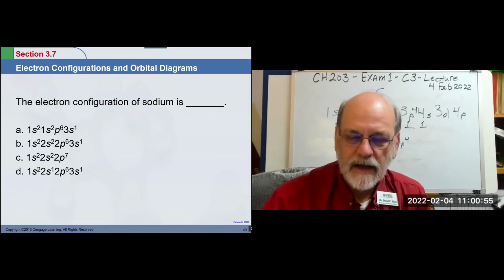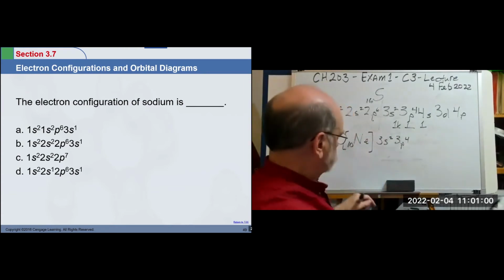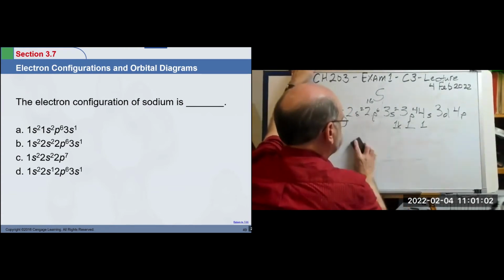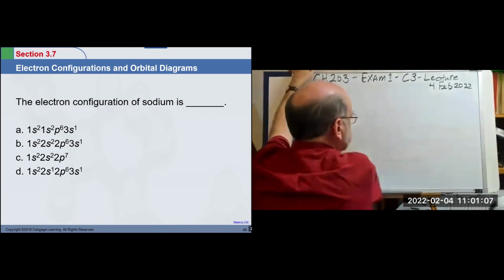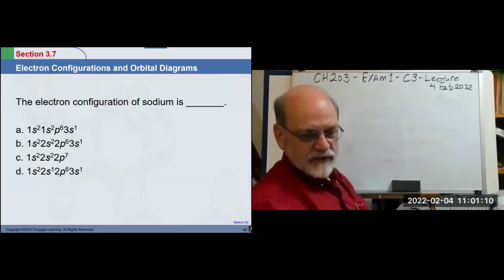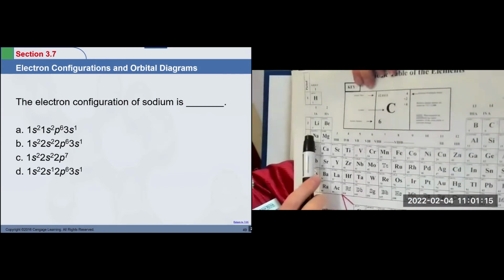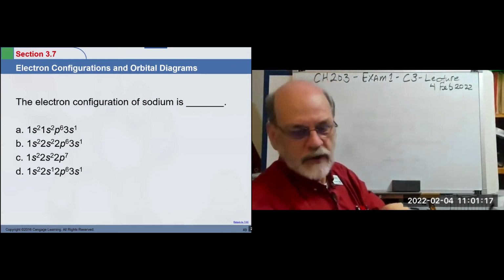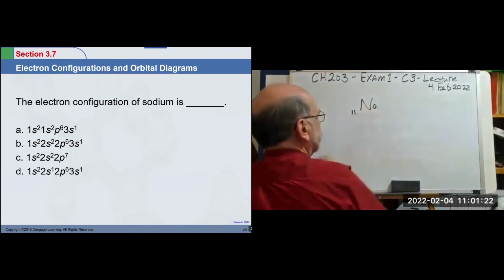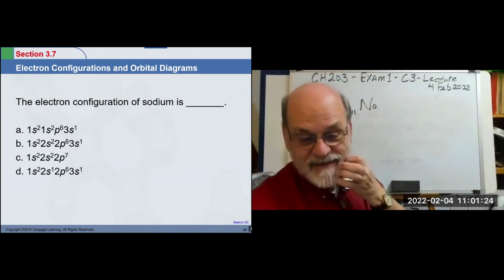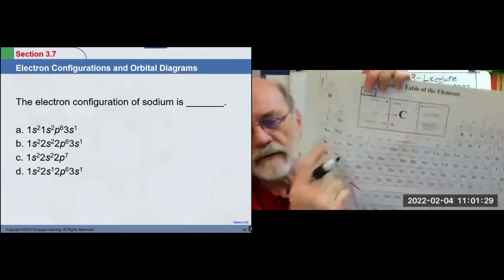Okay, configuration for sodium. Let's see if we can do that one from the periodic table. In fact, I'm going to erase that. So first thing we do is look at sodium. Say, okay, there's sodium, 11 protons. That means 11 electrons. All right, how do we get there? Start with hydrogen, right up here.